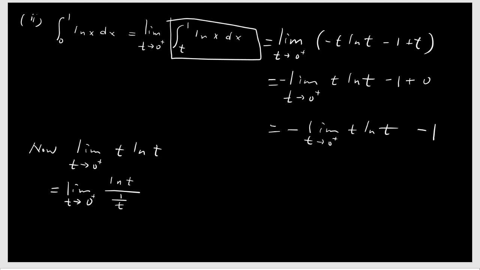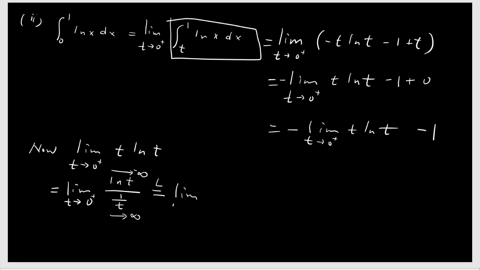Okay. As t approaches 0 from the right, now the numerator approaches -infinity. The denominator approaches infinity. So it's an indeterminate quotient of type -infinity over infinity. So it's permissible to use L'Hopital's rule, right? To use L'Hopital's rule, you write L here, okay?